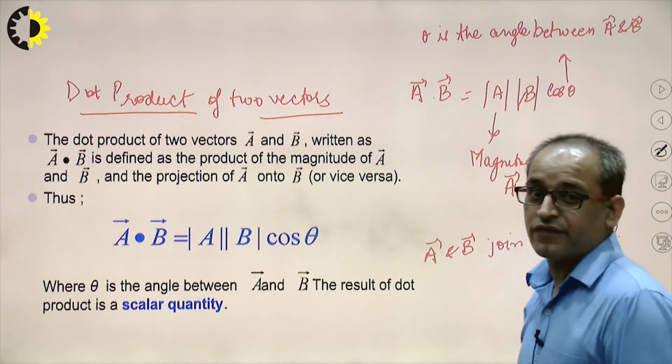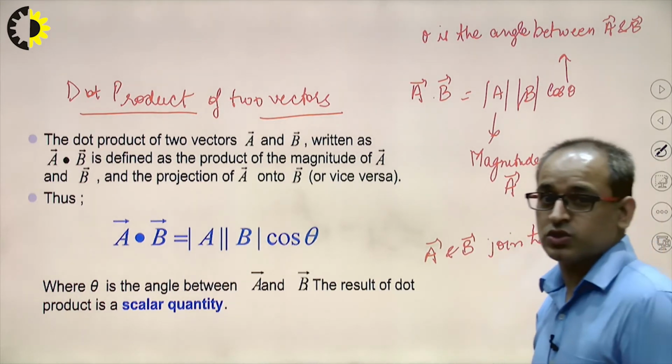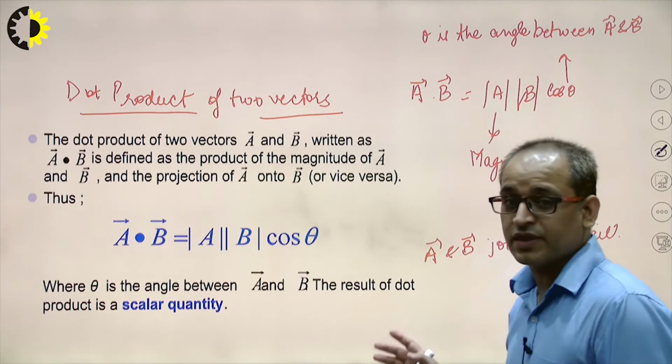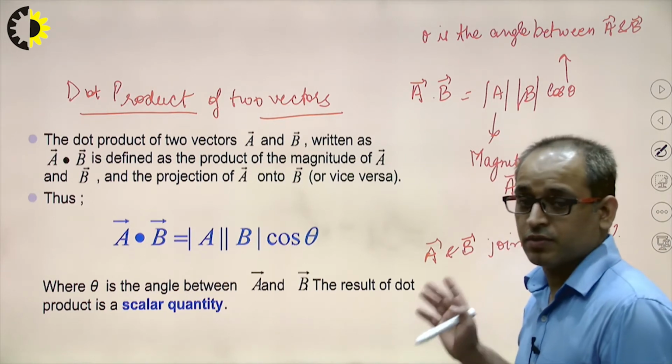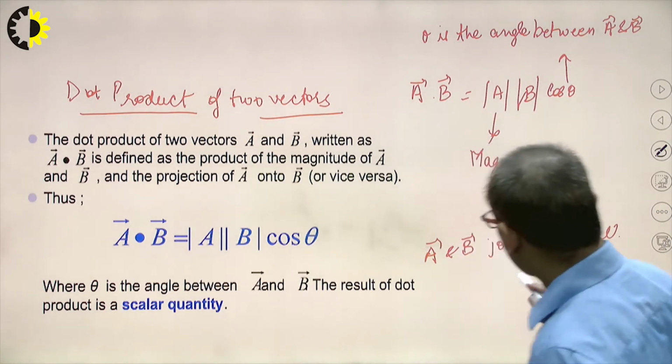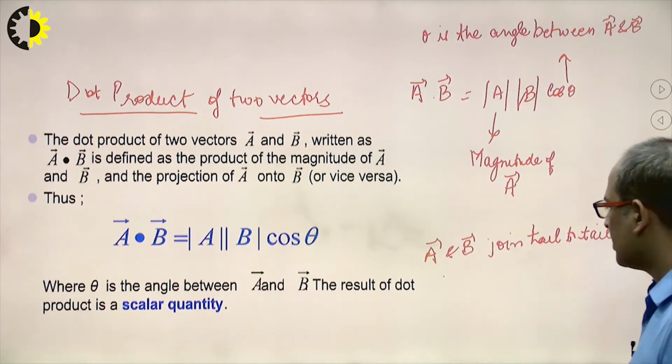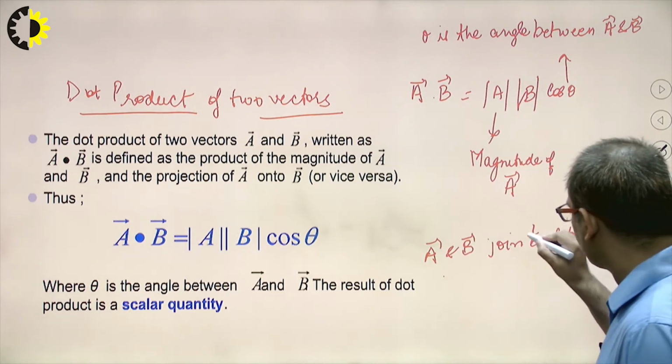Clear? You cannot find theta when the tail of A vector is joined to the head of B vector. Theta can only be calculated when A vector and B vector are joined tail to tail. Clear?